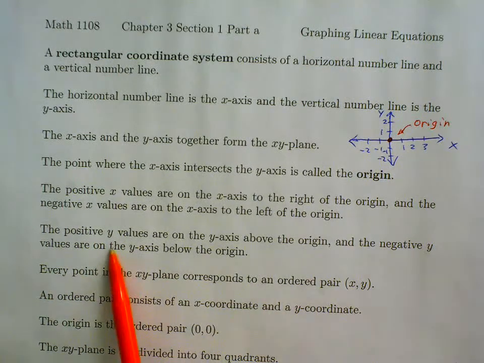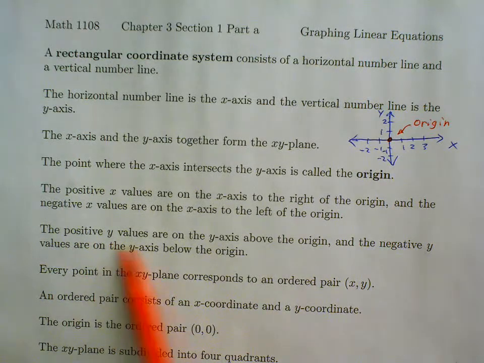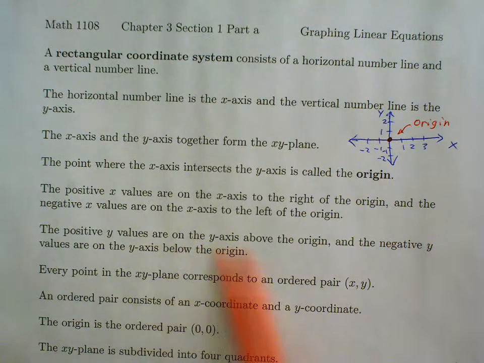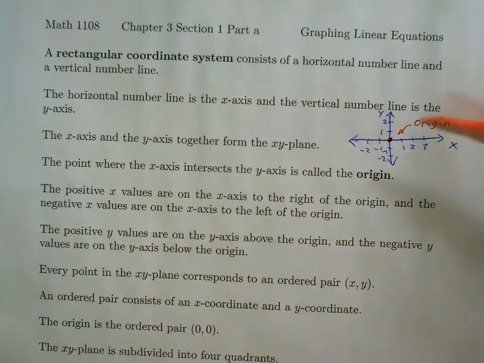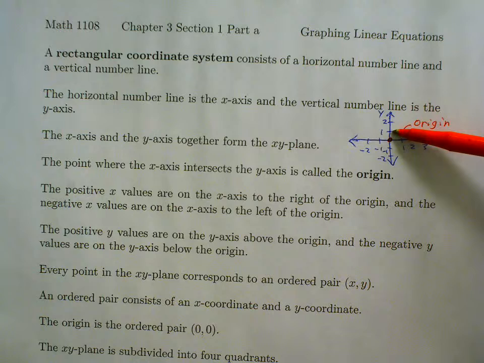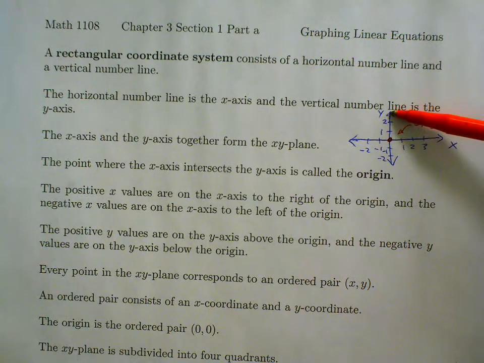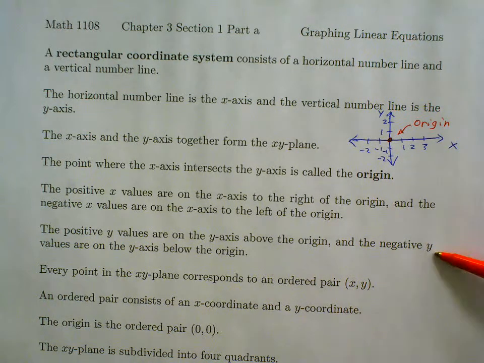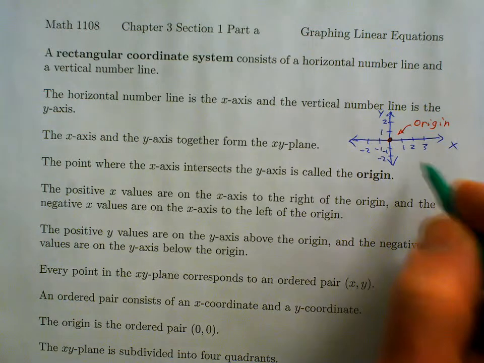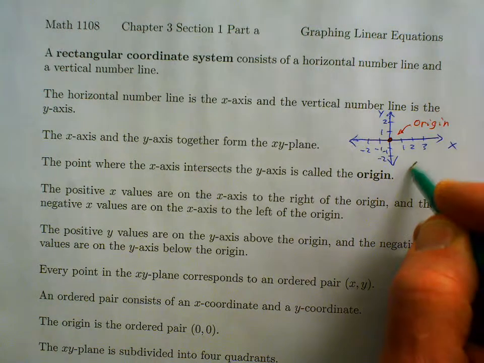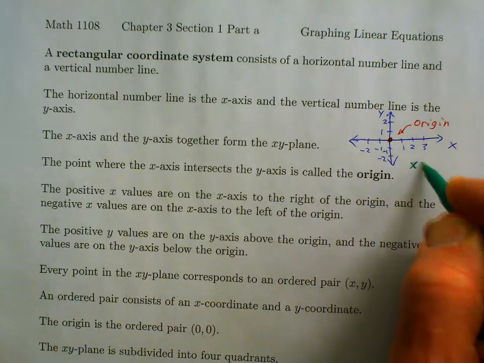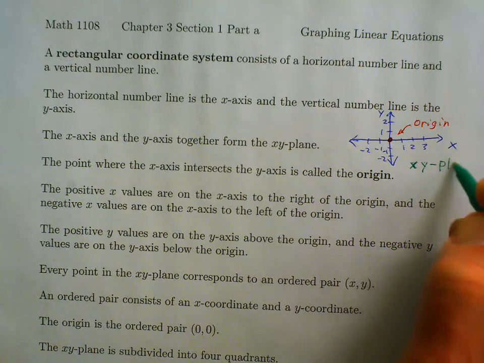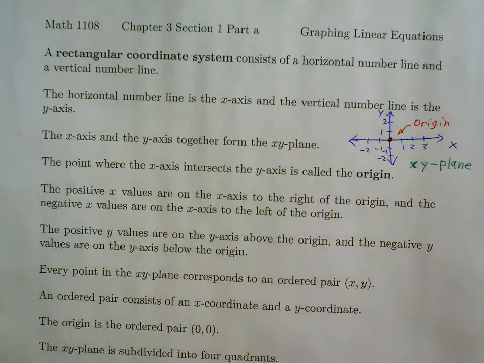The positive y values are on the y-axis above the origin, and the negative y values are on the y-axis below the origin. And this is referred to as the xy plane. Plane meaning 2 dimensions.